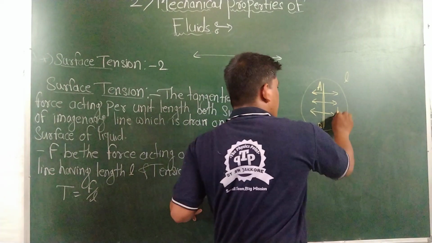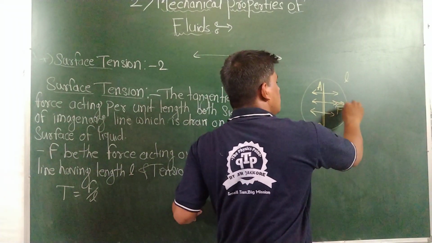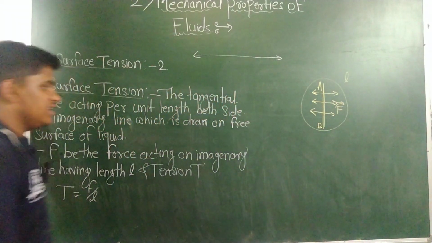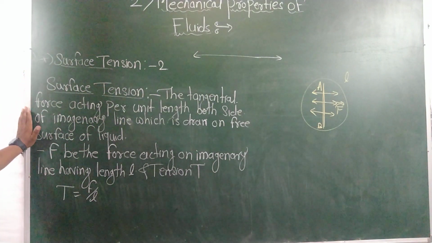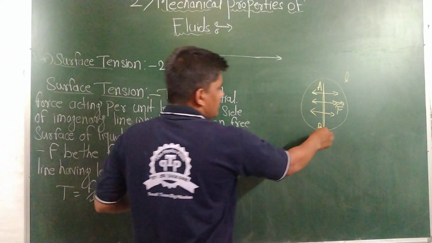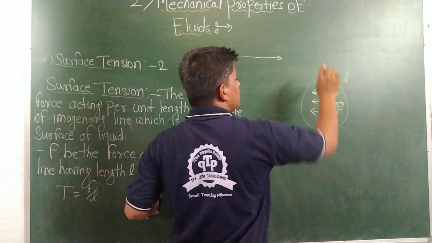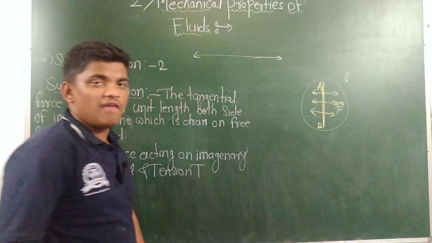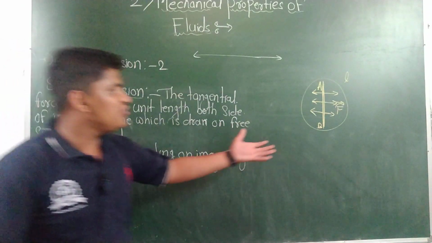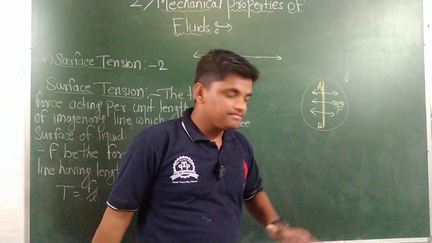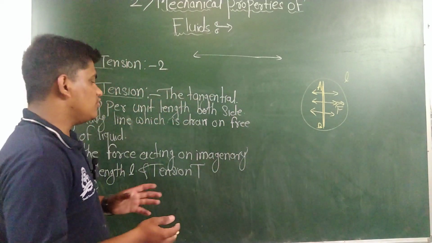This is our liquid free surface on which one imaginary line AB of length L is drawn, and the forces act tangentially and opposite to each other.